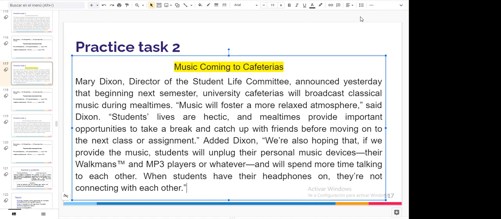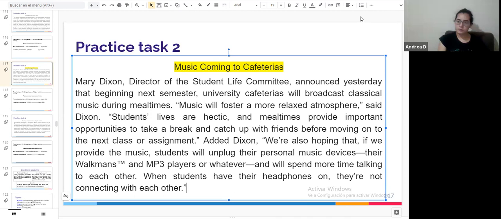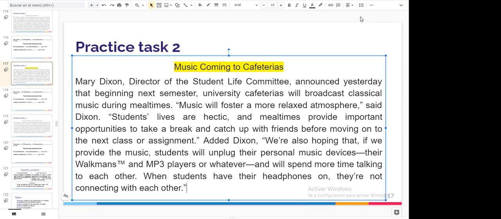Mary Dixon, director of the Student Life Committee, announced yesterday that beginning next semester, university cafeterias will broadcast classical music during mealtime. Music will foster a more relaxed atmosphere, said Dixon. Students' lives are hectic and mealtimes provide important opportunities to take a break and catch up with friends before moving on to the next class or assignment.